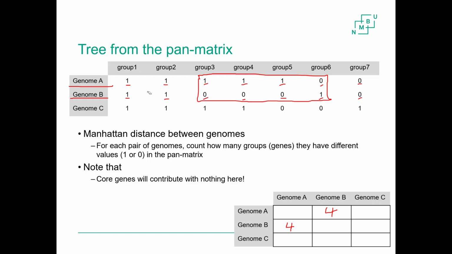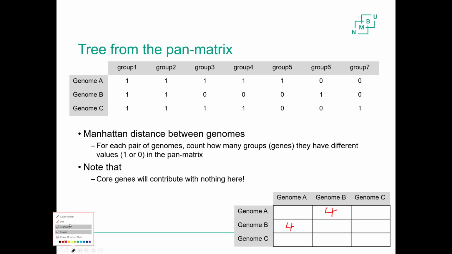And then we start all over again, comparing A to C, for instance. Let me erase this here. A to C this time. And then we can see again that here there is no difference in group 1. No difference. I type 0 here.